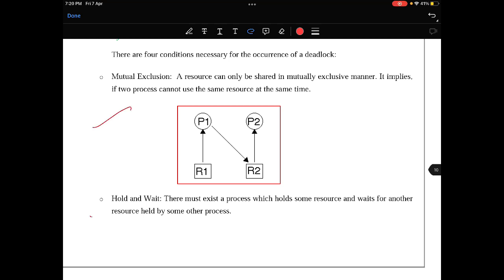The next one is hold and wait. There must be a process which holds some resource and waits for a resource held by some other process. If the hold and wait condition is there, meaning it is holding a resource and waiting for some other process to release a resource, in that case deadlock will occur.